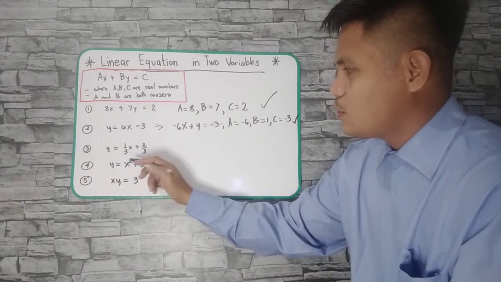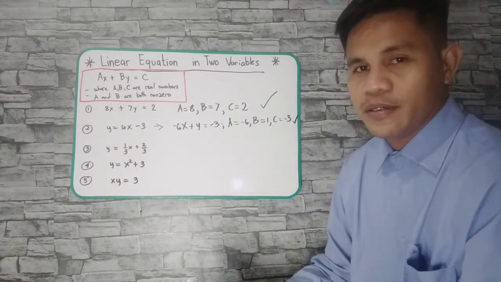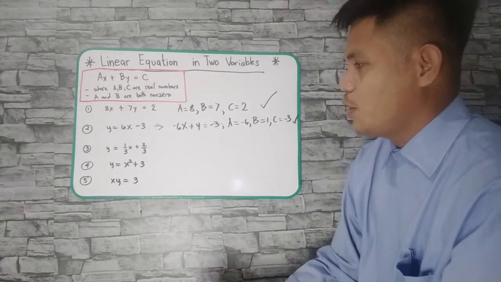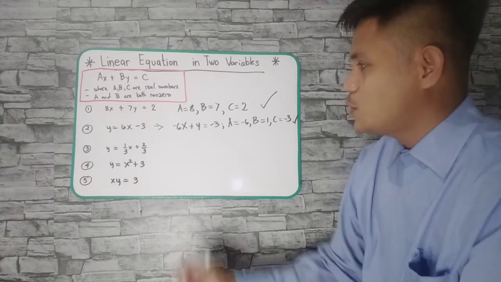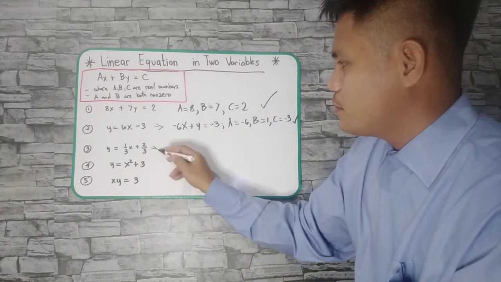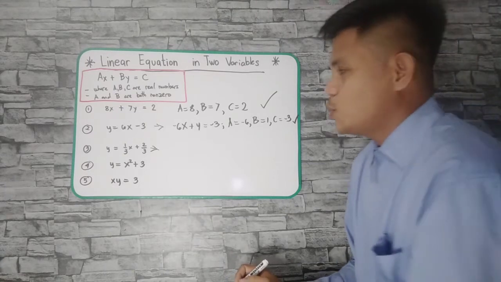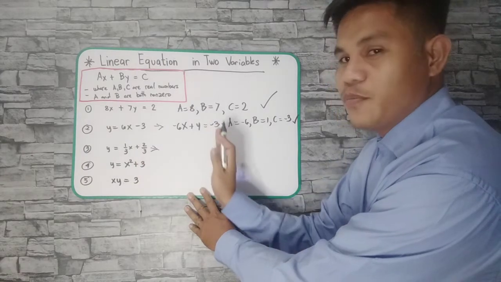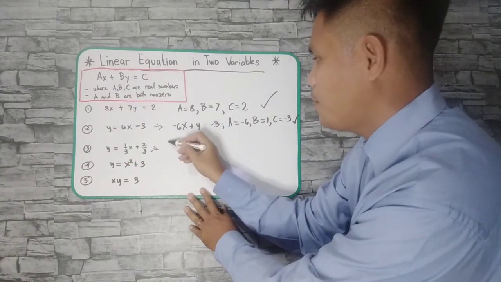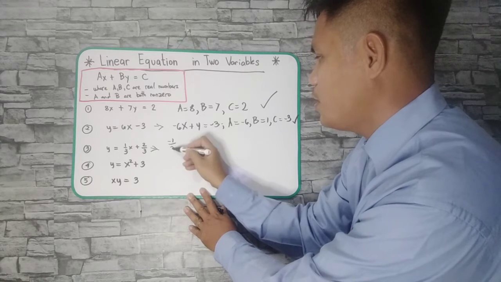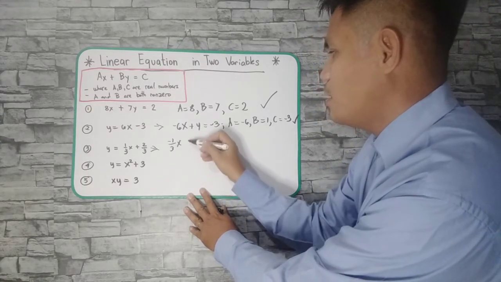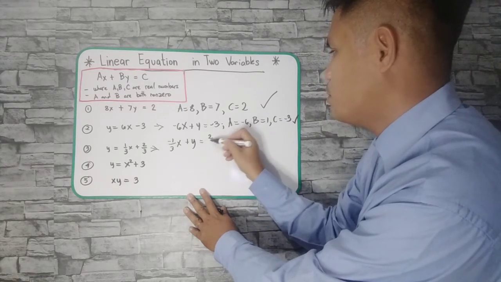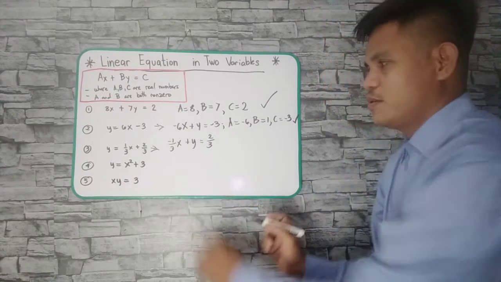We have y is equal to 1/3 x plus 2/3. As you can see, this is not in the standard form ax plus by is equal to c. We have to transform it into a standard form. So we can transpose 1/3 x from the right side to the left side. It will become negative 1/3 x plus y is equal to 2/3.